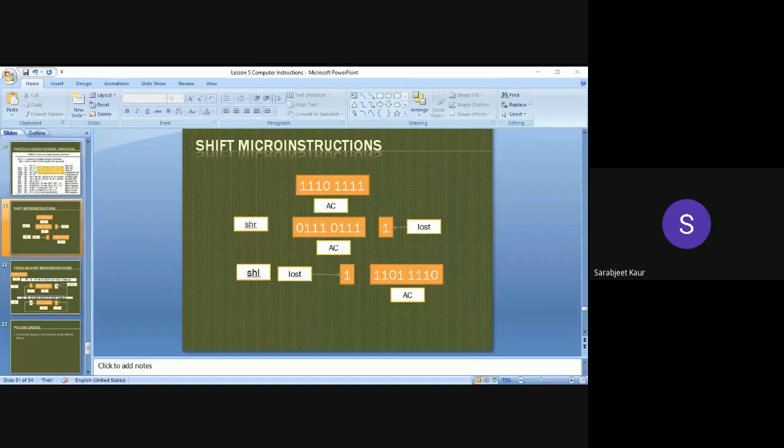And this position now becomes empty, which is filled with a 0. Any problem? No, ma'am. This is called the normal shift. Now there is also a variation of this which is known as arithmetic shift. I'll just show you.